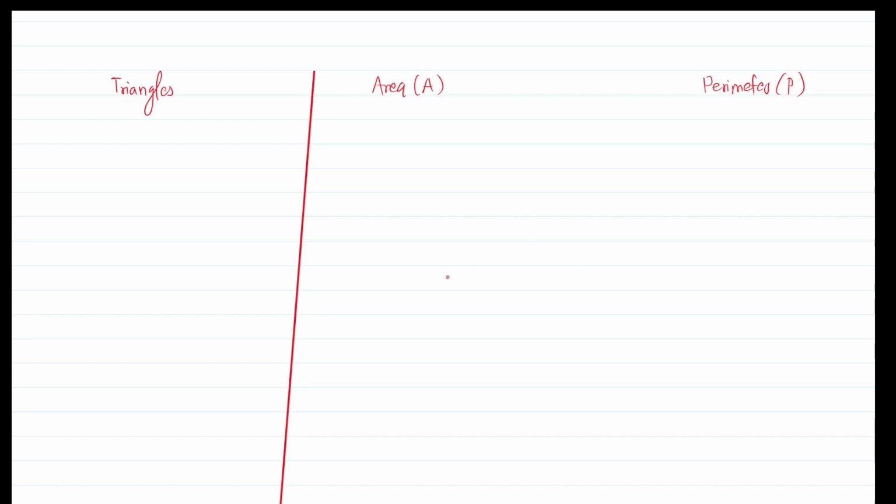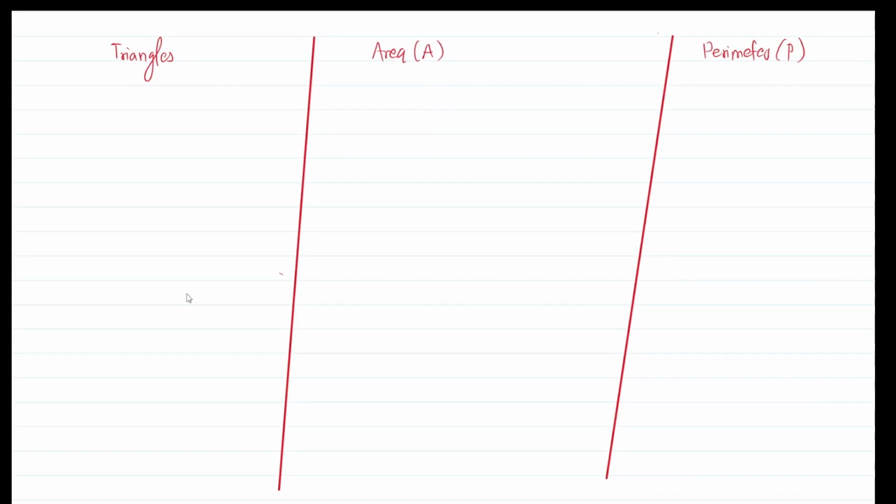Now let us write all the formulas for triangles: area and perimeter P. We study the right angle triangle ABC.